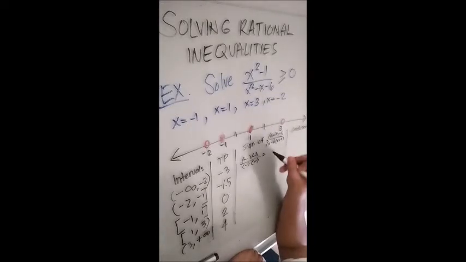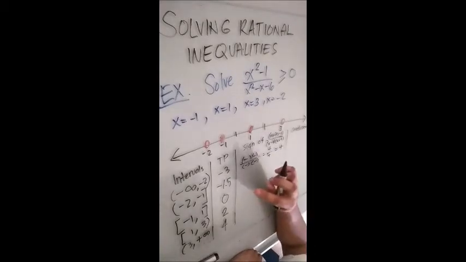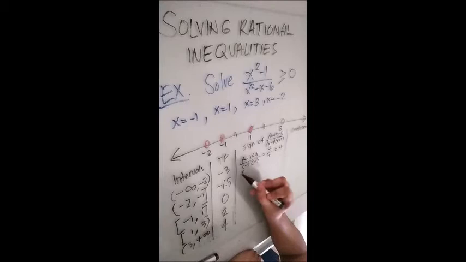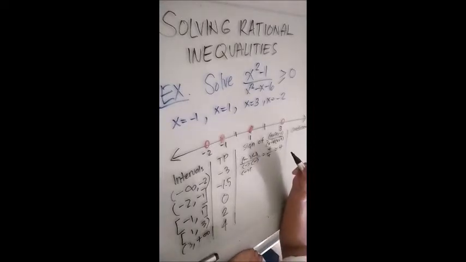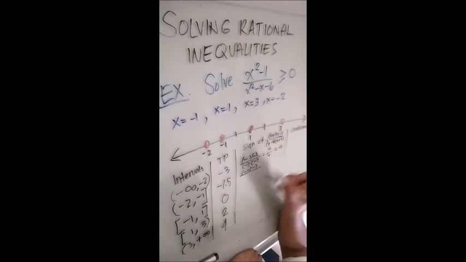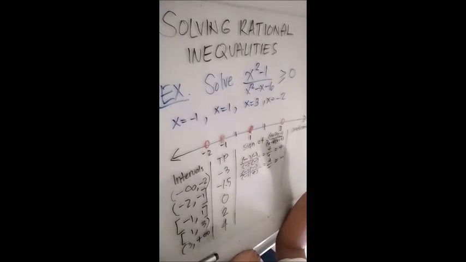So we have positive over positive is positive. Then we have negative 1.5. Negative 1.5 plus 1 is negative, and negative 1.5 minus 1 is negative, over negative 1.5 minus 3 is also negative. Negative 1.5 plus 2 is positive. So we have positive over negative is negative.